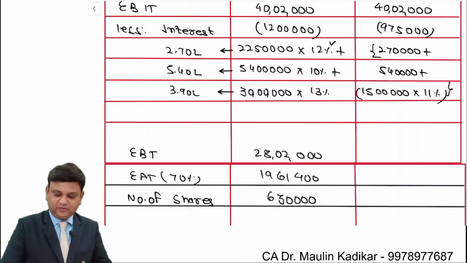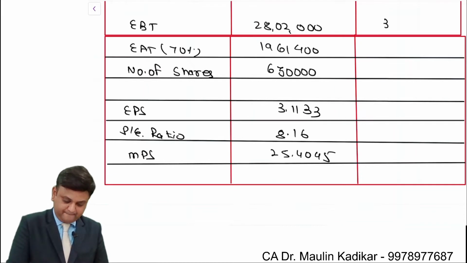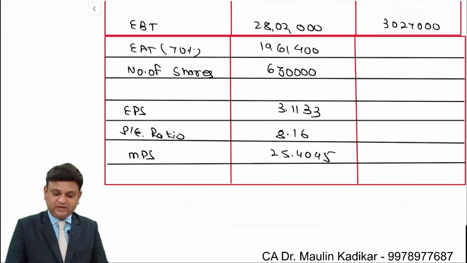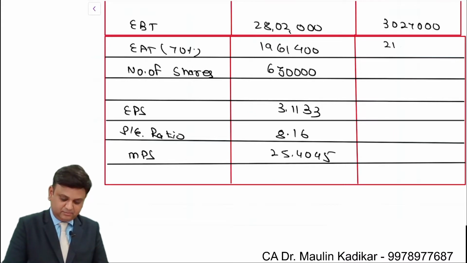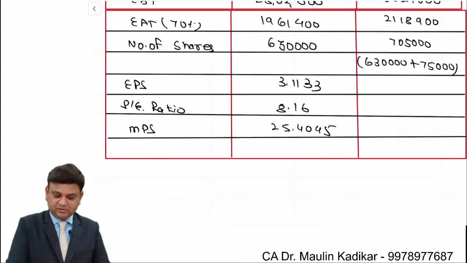Which is deducted from 40 lakh 2,000. So it is 30 lakh 27,000. Into 0.7, 21 lakh 18,900. Number of equity shares, 6 lakh 30,000 right now plus 75,000 additional shares, comes to 7 lakh 5,000.